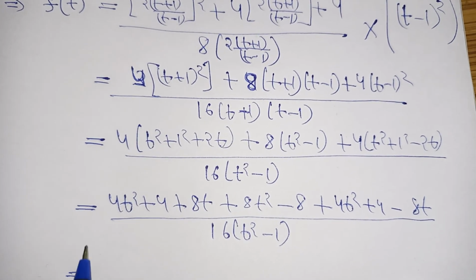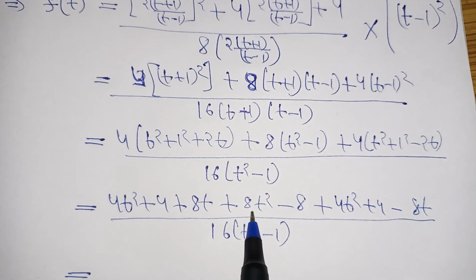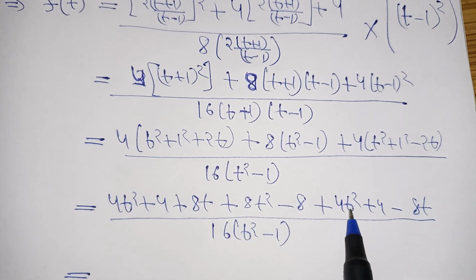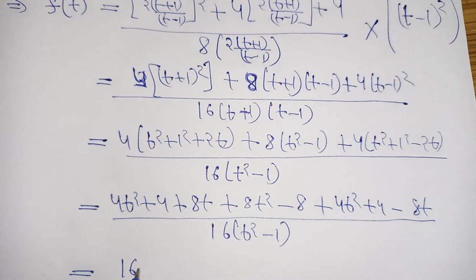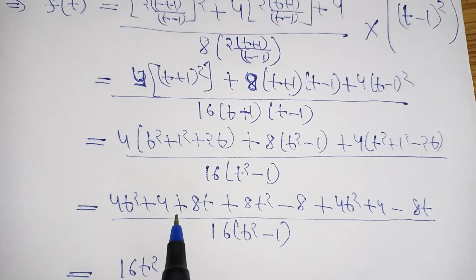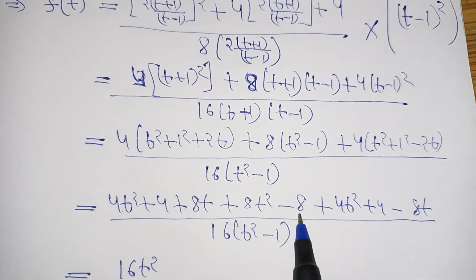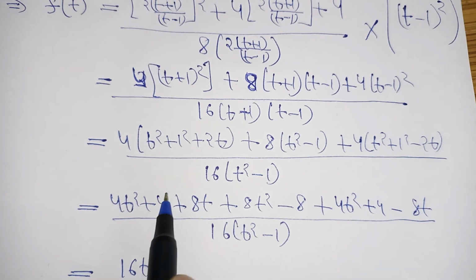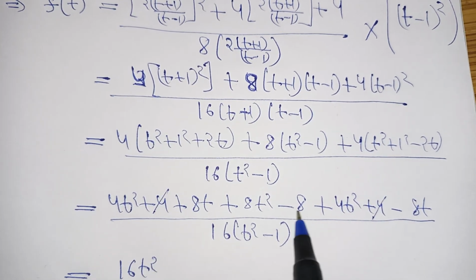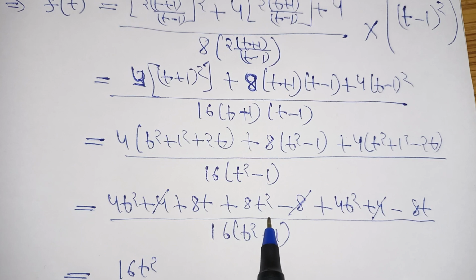Now as you can see, 4t square plus 8t square plus 4t square will become 16t square, and plus 4 minus 8 plus 4 is zero, so these terms cancel out.